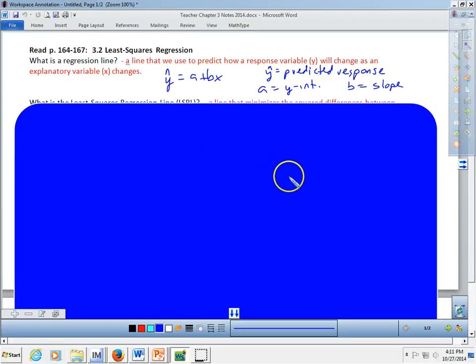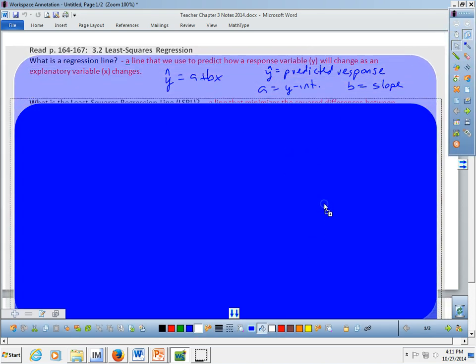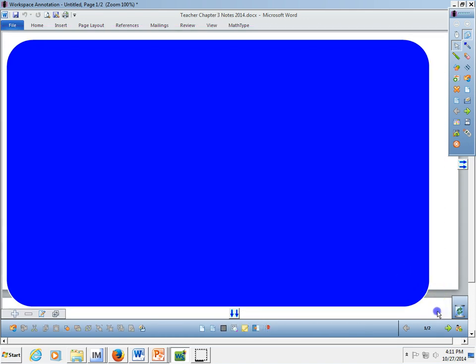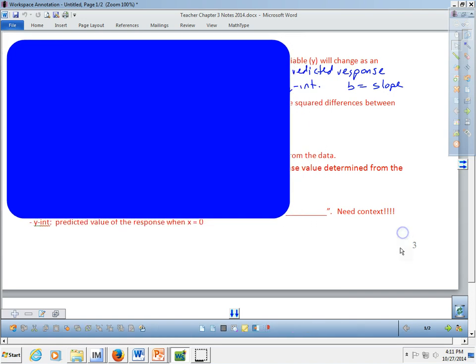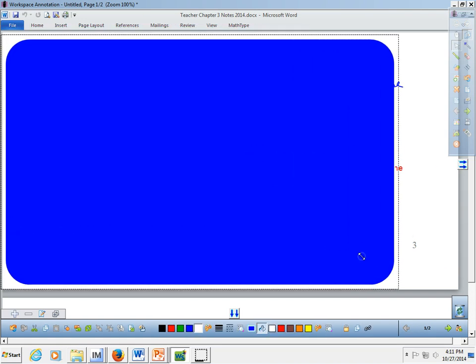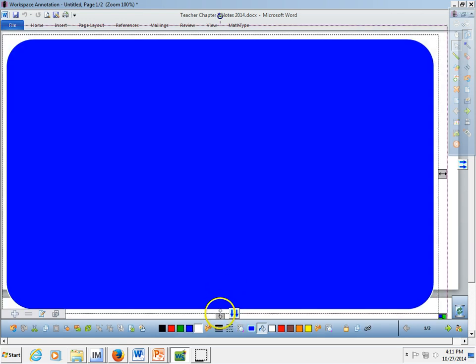Now, I want to skip the least squares regression line for just a little bit. I don't want to worry about that right now, so I want to move my box around. I had the box up here because I don't want you focusing on writing instead of listening. Great. As this stuff slows down, it makes this a little tougher. That's okay. We'll figure it out.